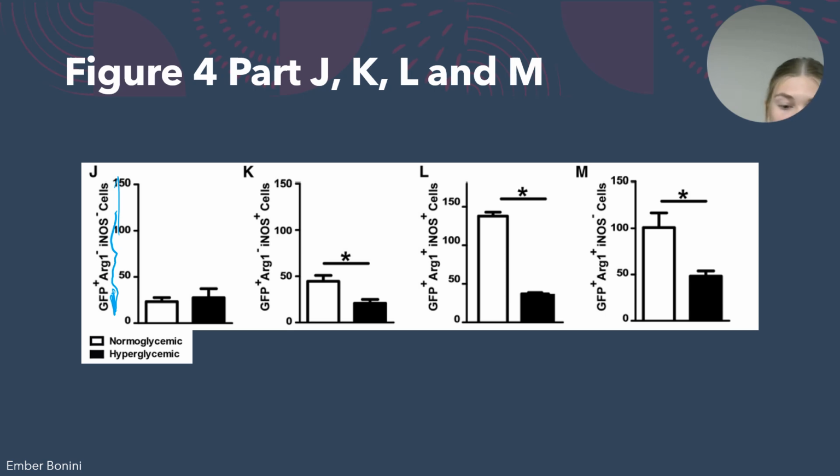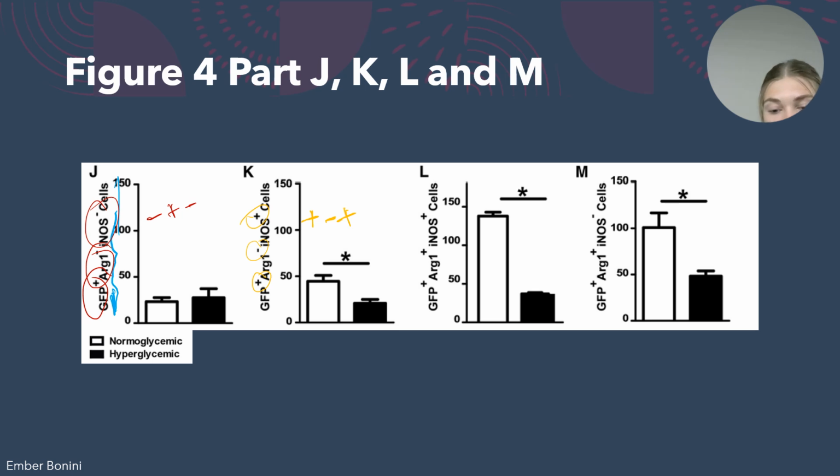So if we look at J, we have a positive on GFP, negative on arginase 1, and then negative on iNOS. So that's really important to note. So we'll just write right here, negative, positive, negative. When we go into figure K, we're seeing it as positive, negative, positive. So again, positive, negative, positive.